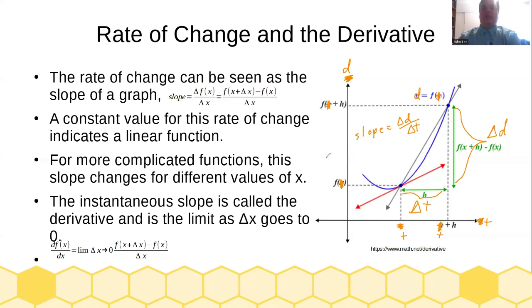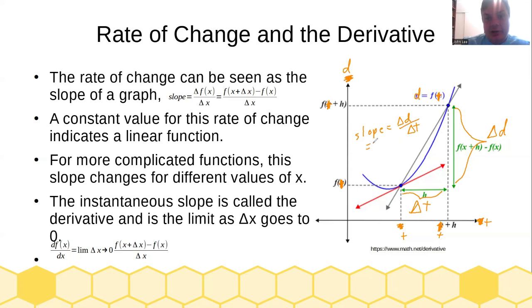For those of you who don't know, the slope of a graph is given by the rise, or how much the variable on the y-axis rises, how tall it is between 2 points, over the run, how wide it is between 2 points. So for example, in this position versus time graph, the slope of a line between these two blue points would be delta d over delta t.